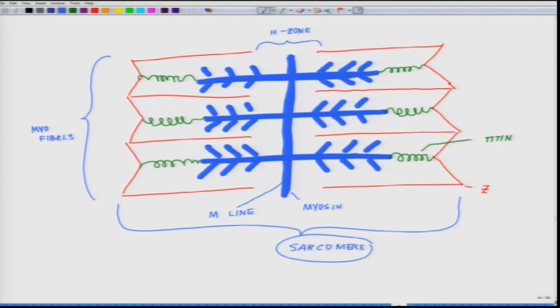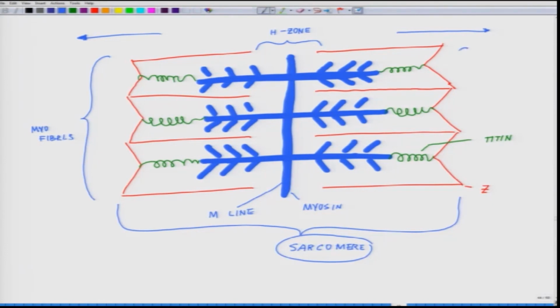And the movement out here is something like this. Contraction and filament sliding.